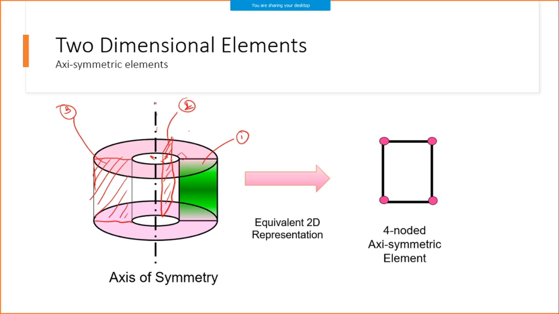So why can't we do one thing instead of putting in this entire 3D analysis? We'll convert that into a simple rectangle which represents an axis of symmetry, and you apply the pressure on this edge. That is nothing but conversion of a 3D model into a 2D axisymmetric model. That helps us reduce the huge computational effort and also reduces the number of degrees of freedom.